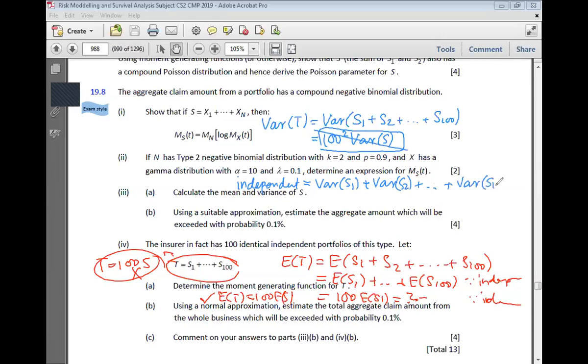All the covariance terms will be 0, so you will be left with only the variance terms. Now you use the fact that all of these are identical, so you can write this as 100 times the variance of any one of them, say S1. So it is indeed 100 times the variance of S1, not 100 squared times the variance of S.